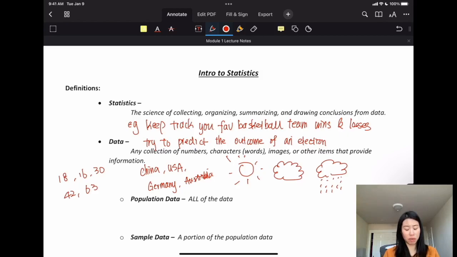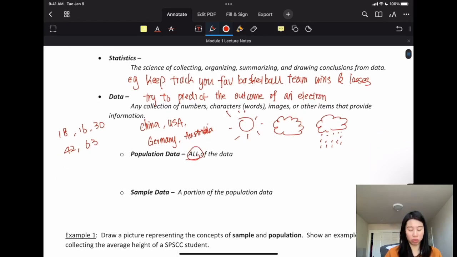So there are two types of data: population data and sample data. So what is population data? Population data is all of the data, everything of them. It's the entire group that you want to draw the conclusion about. For example, we're trying to find out the GDP of every country this year.